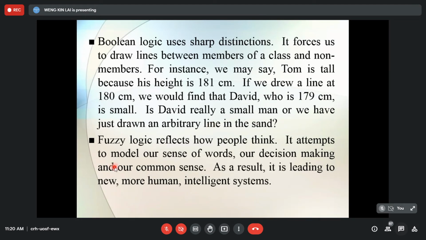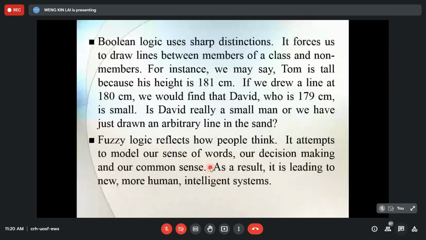On the other hand, fuzzy logic reflects how people think, or at least how most people think. So it attempts to model our sense of words. Because of fuzzy logic, it's a way to model our sense of words, our decision making, and also our common sense. It's, as a result, right, a bit of marketing.